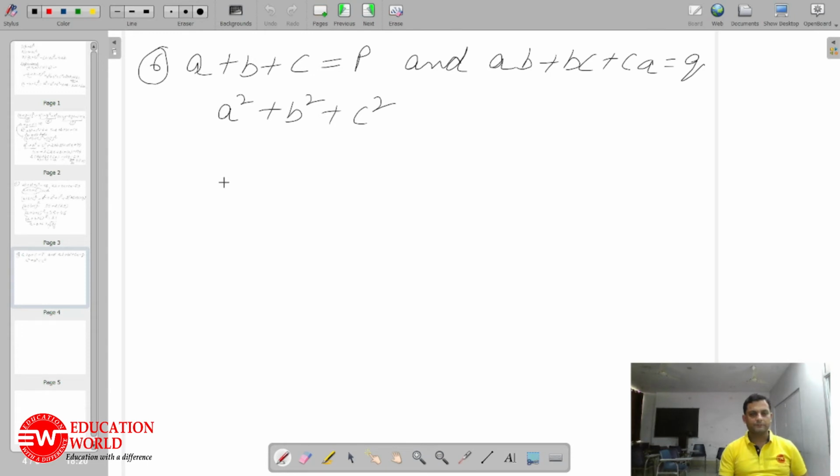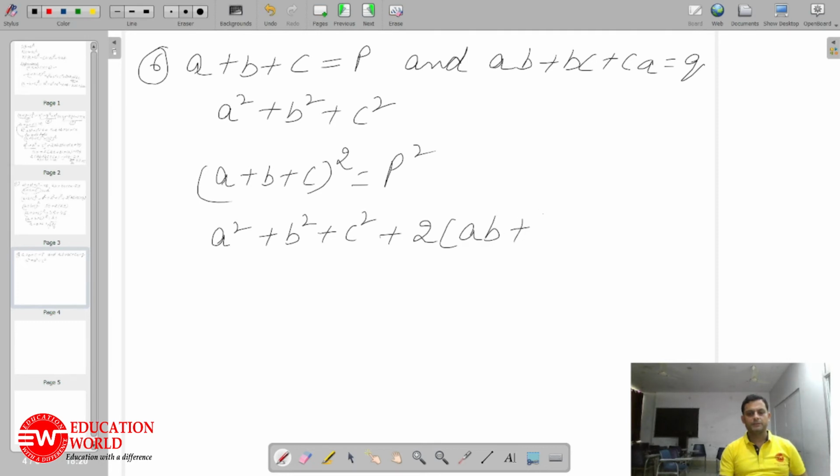So for that one, again (a + b + c) square is equal to p square. So we open: a square plus b square plus c square plus 2 times (ab + bc + ca) is equal to p square.